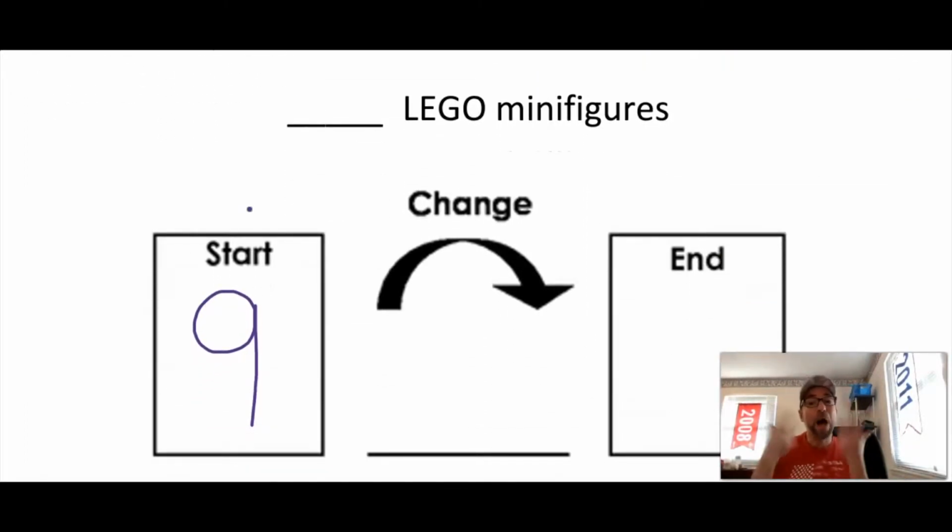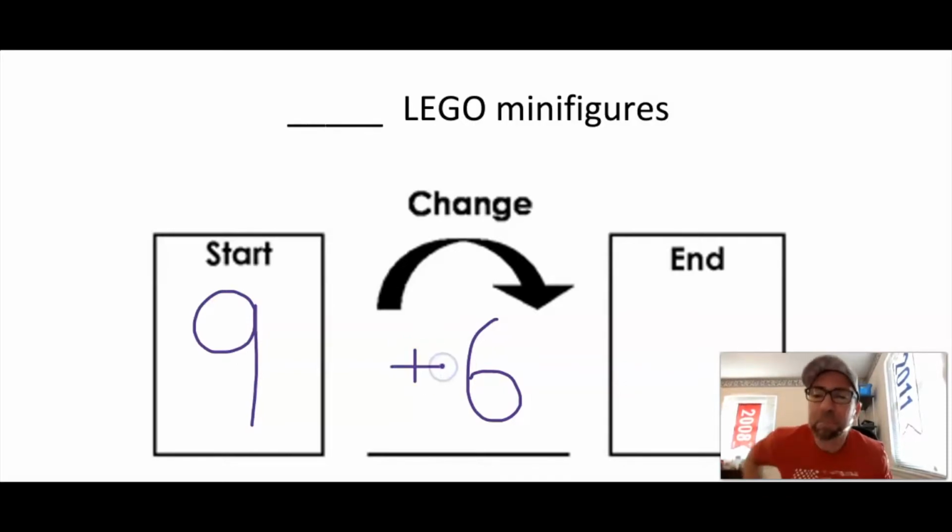Well, when you buy some more, that's a change. You're making a change to what you have. You're getting more when you buy something. So this is change to more. So I'm going to put that 6 here. We have to decide, is it going to be add or subtract? Well, if I'm buying more and I'm getting more minifigures, that is adding. So I put a plus sign in front of my 6.